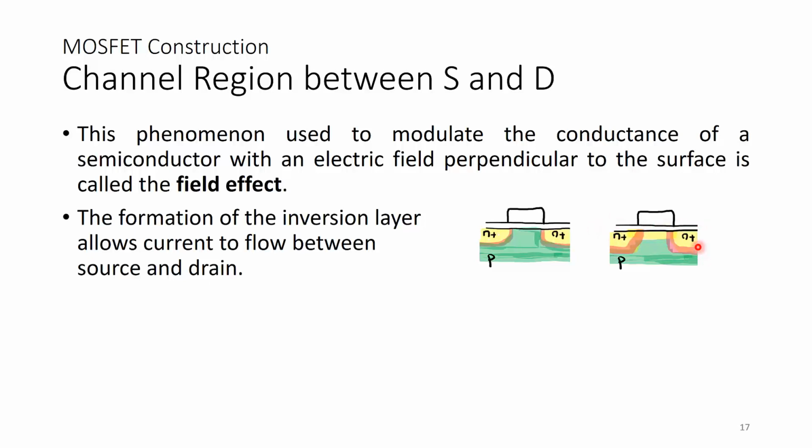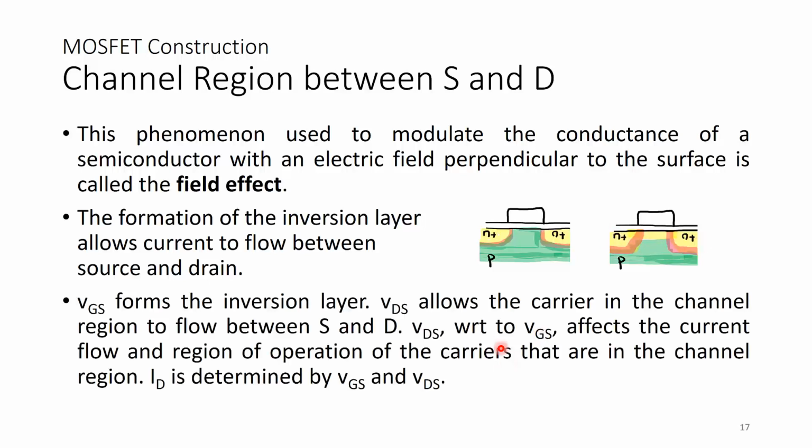So the gate source voltage ensures that there is an inverted layer at the channel region, and the drain source voltage will cause the carriers to flow by applying the right electric field between the source and drain. So VGS forms the inversion layer, okay, so that there are carriers there of the right type that can connect the source and drain.